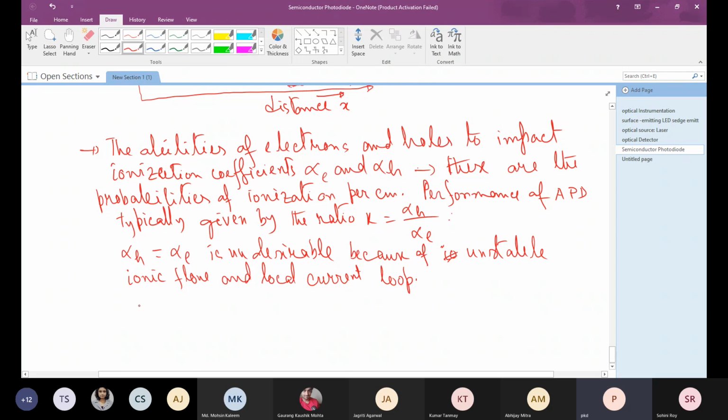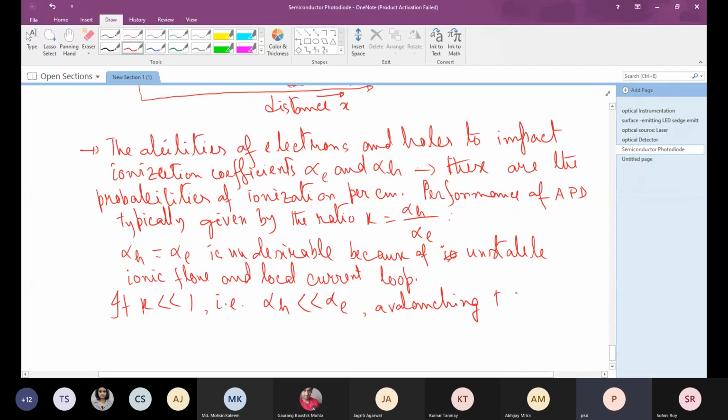Apart from this differential choice of alpha H and alpha E, if K is much less than 1, that is alpha H much less than alpha E, then there will be directional avalanche.